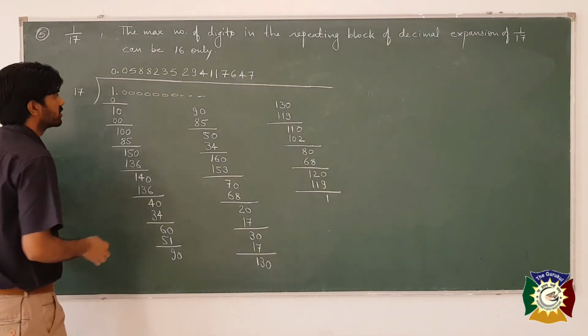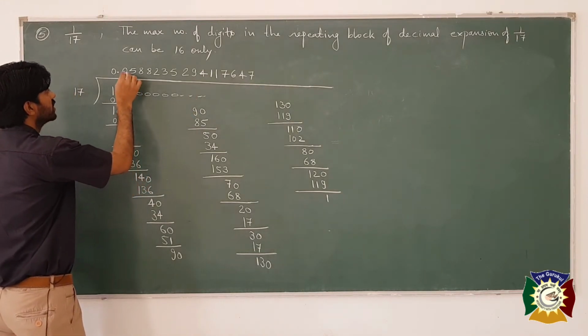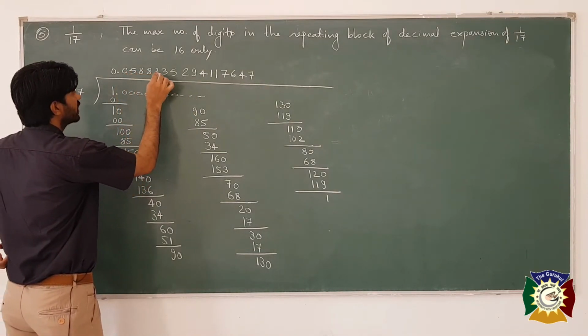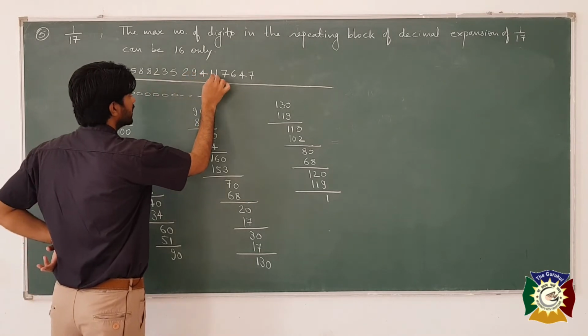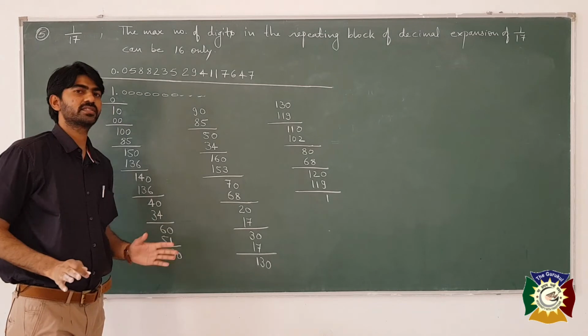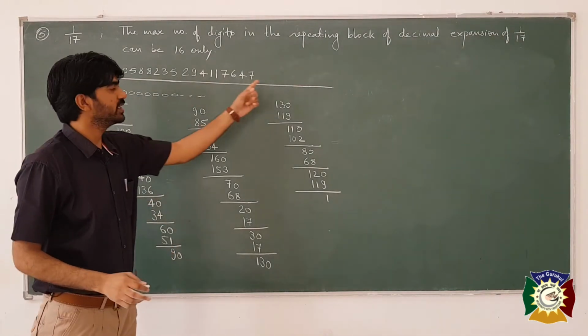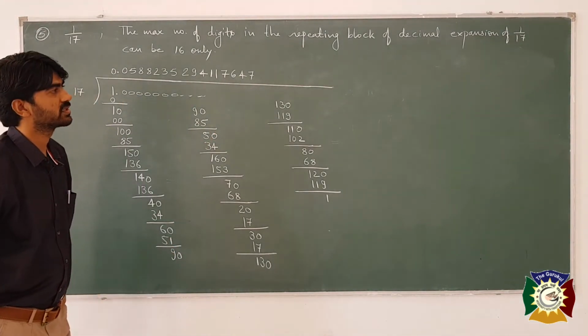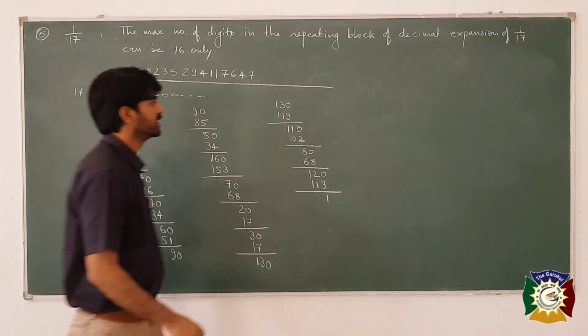Now let us count the number of digits. 1, 2, 3, 4, 5, 6, 7, 8, 9, 10, 11, 12, 13, 14, 15, 16. So at max there can be 16 digits in the repeating block of this 1 by 17.